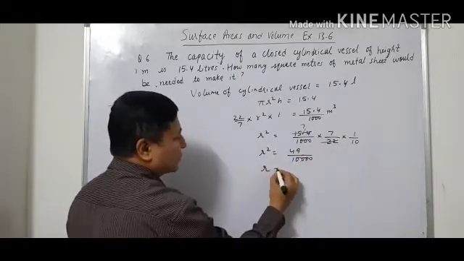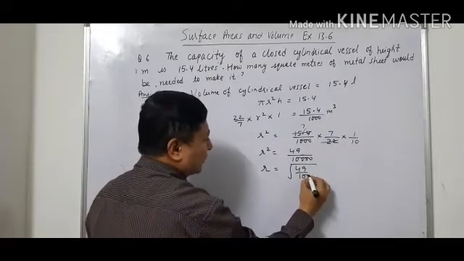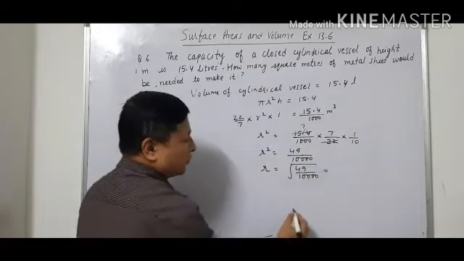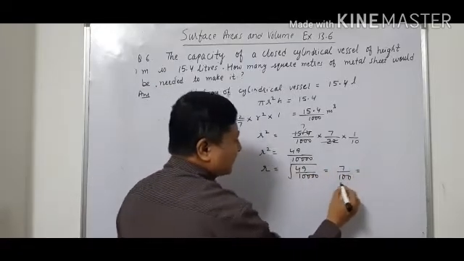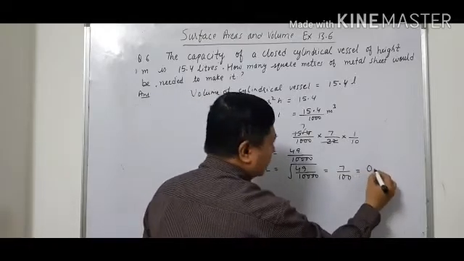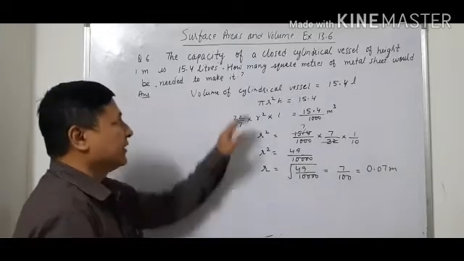So r will be equal to the square root of 49 upon 10,000, which is 7 upon 100, that is 0.07 meter. So now we got the radius.